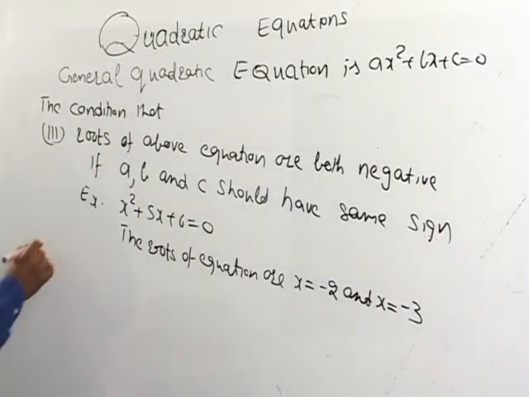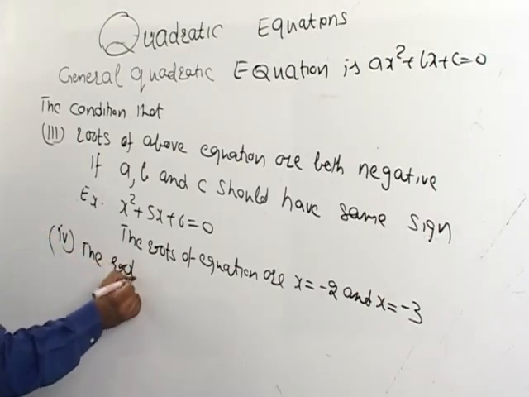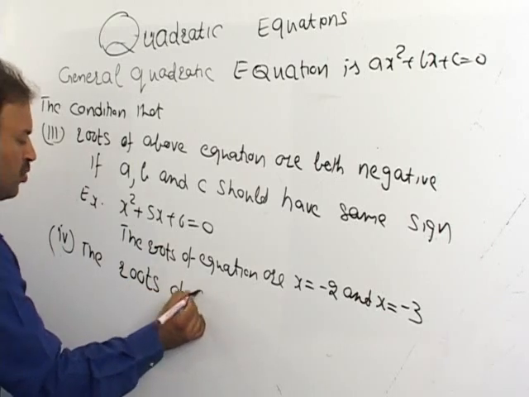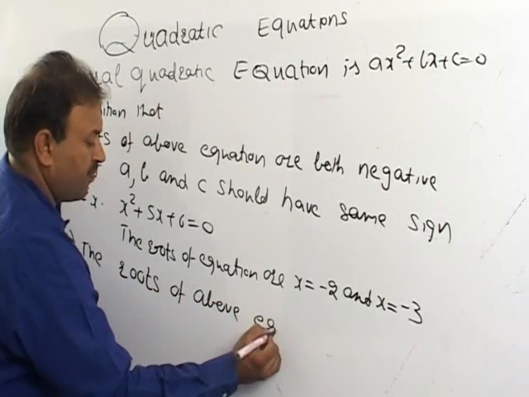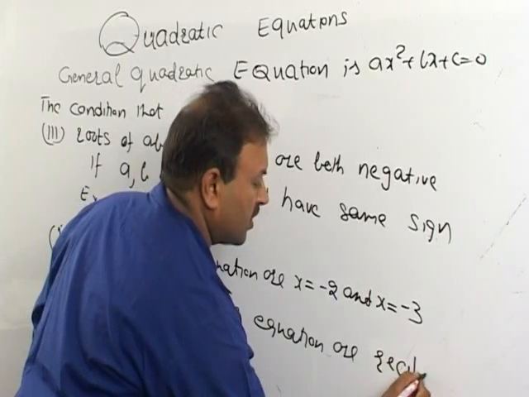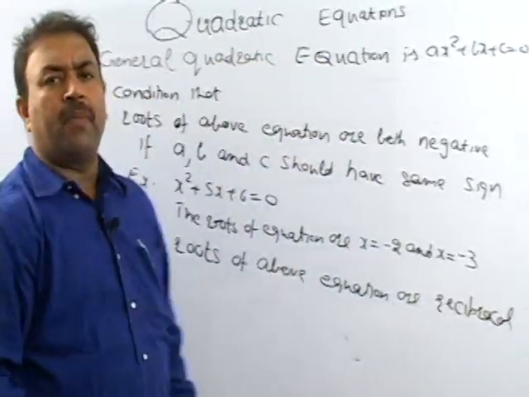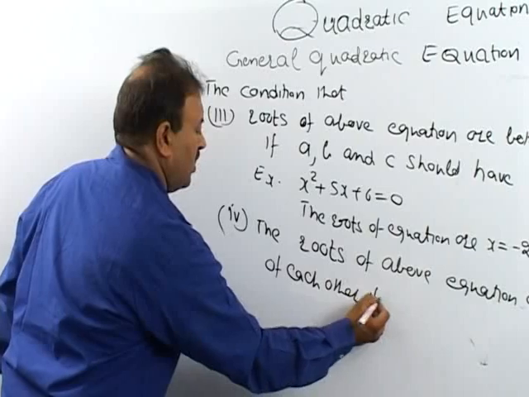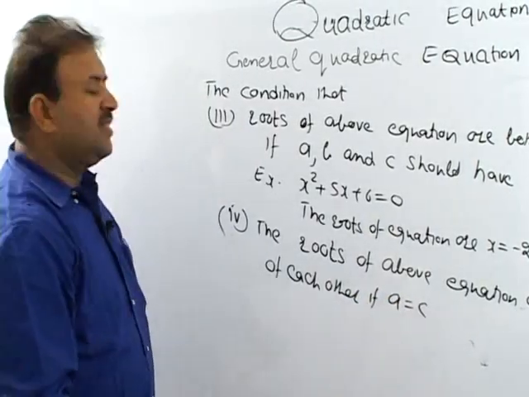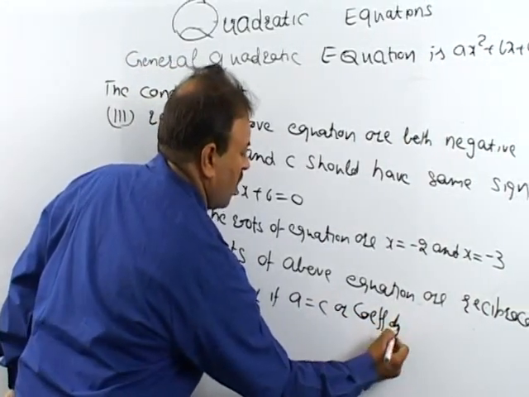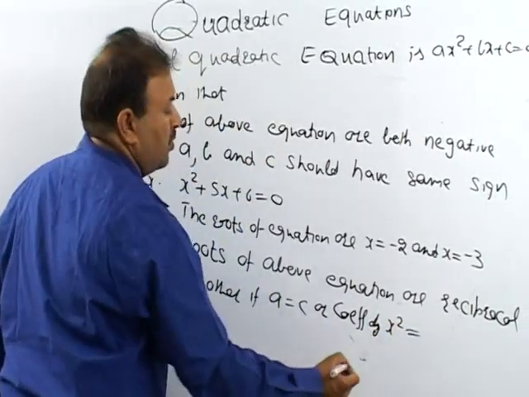Point number 4, the roots of the above equation are reciprocal of each other if A is equal to C, or the coefficient of x square should be equal to the constant term.